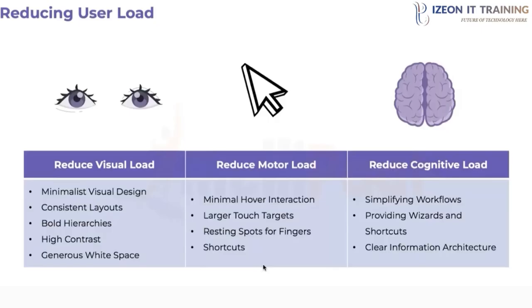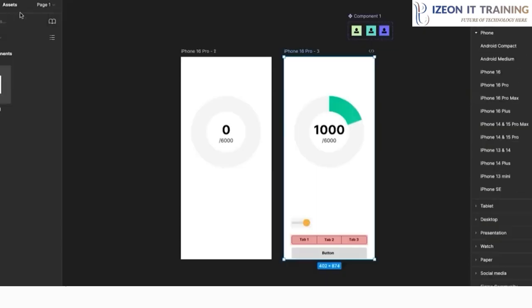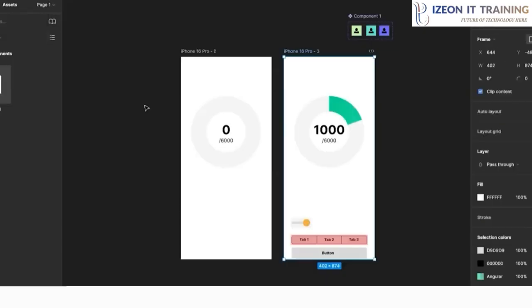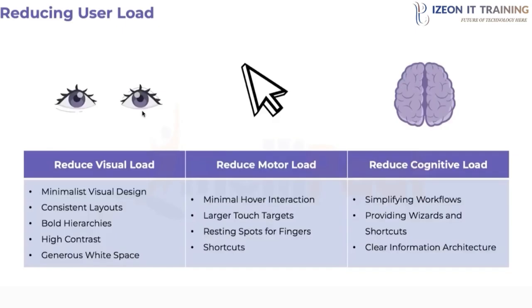So always have generous white space that works as your resting spots. Also use shortcuts. Imagine if Figma removed all the shortcuts, we would have to go into some option every time and select. It will increase the motor load on us.